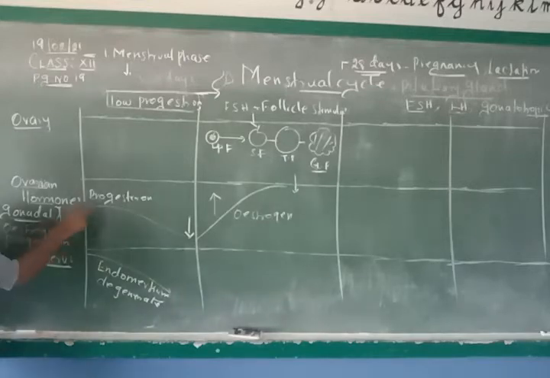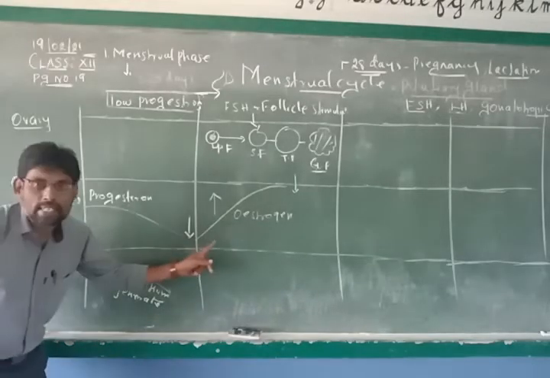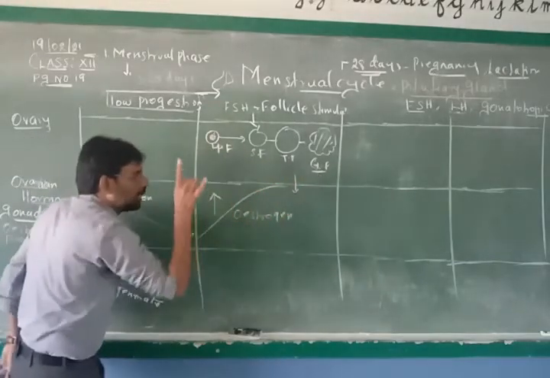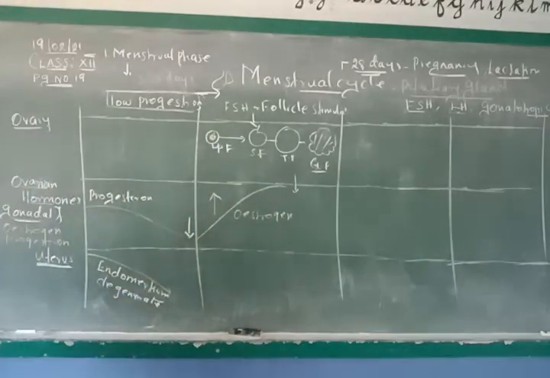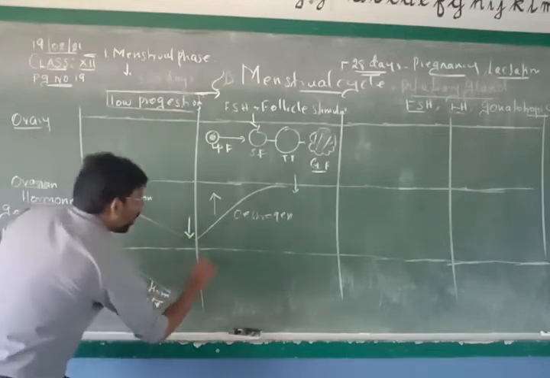So here we studied a hormone called progesterone. What is happening to the progesterone? Decreases. This color indicates progesterone, and this color indicates estrogen. Whenever the Graafian follicle is there, definitely there will be an increase of estrogen.